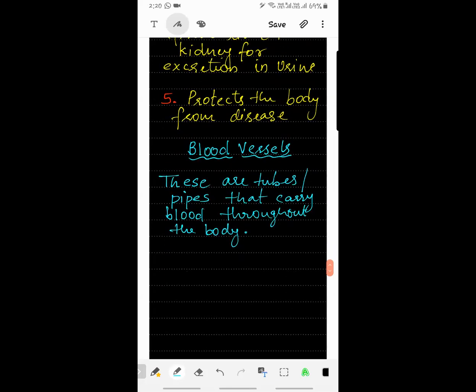It runs between the heart, rest of the body, lungs, kidney, liver, stomach, intestine, brain, eye, even to the nails, even under the hair you can find blood vessels. So the blood vessel reaches each and every part of the body.